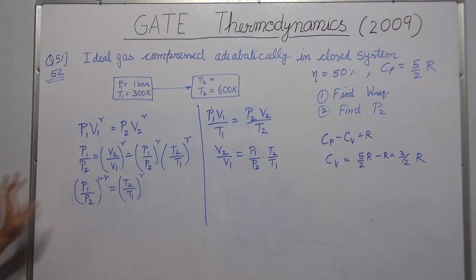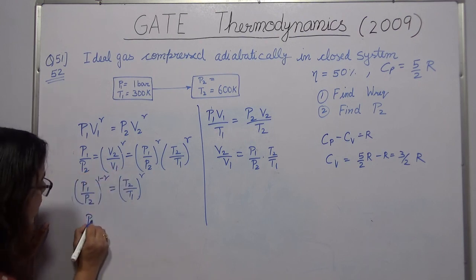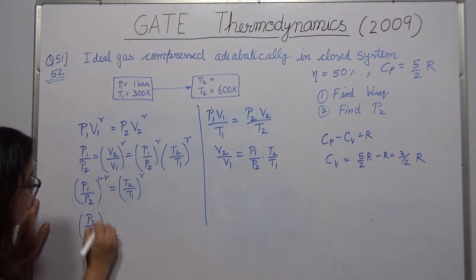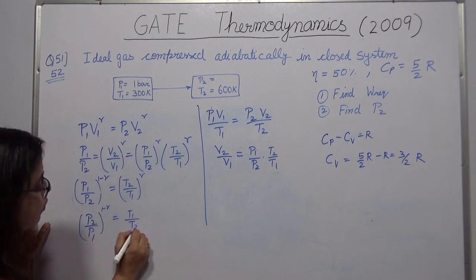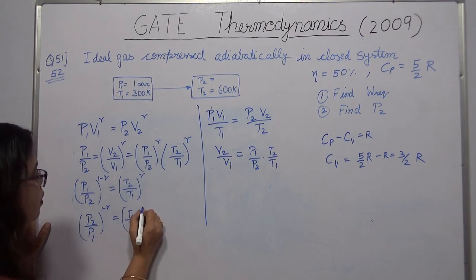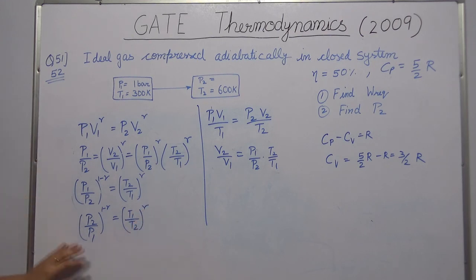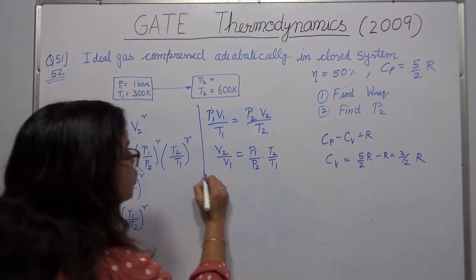Now since I want to solve for P2, I will take a reciprocal of these two on both sides. So what I get is P2 by P1 raised to 1 minus gamma, that is equal to T1 by T2 raised to gamma.